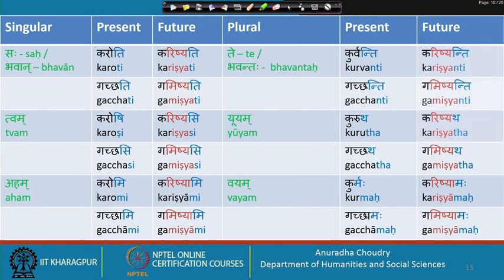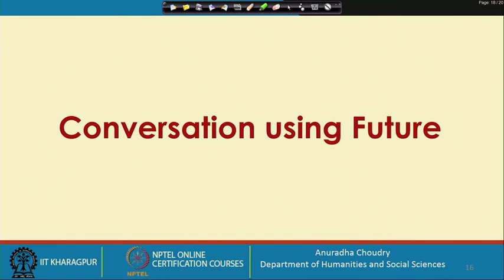Alright, so let's look at the screen again and then you can see what I just said. So the last line there, I will go on Monday, aham somavare gamishyami. We will go on Monday, vayam somavare gamishyamaha. Uttamam.